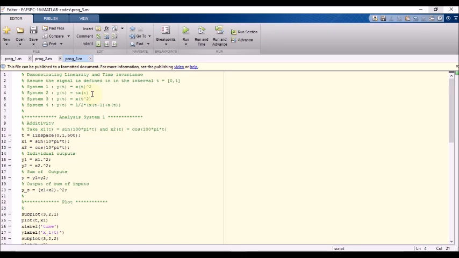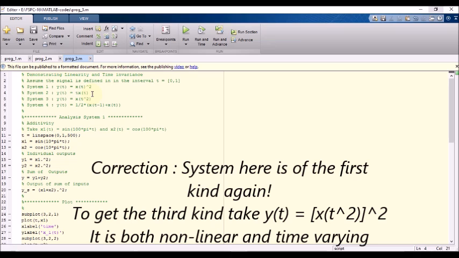Now system number 3, y of t is x of t squared. X of t squared, t is the variable that is squared. It is clearly seen that this system is linear and it is also time varying. Time varying because here we have t squared, which means that there is some dependence on the time.